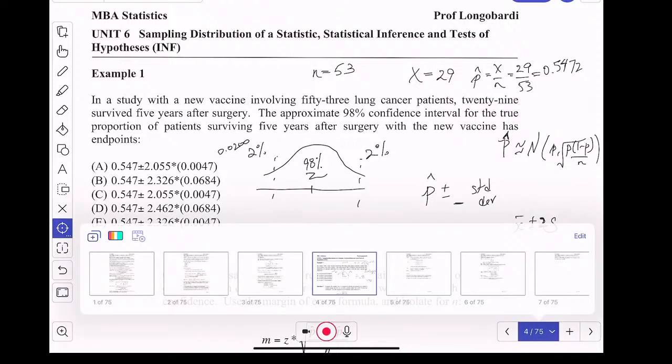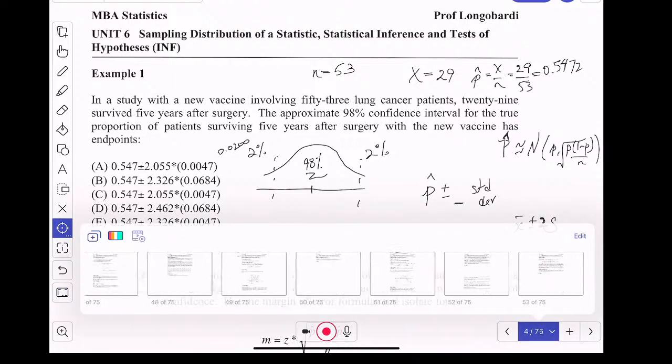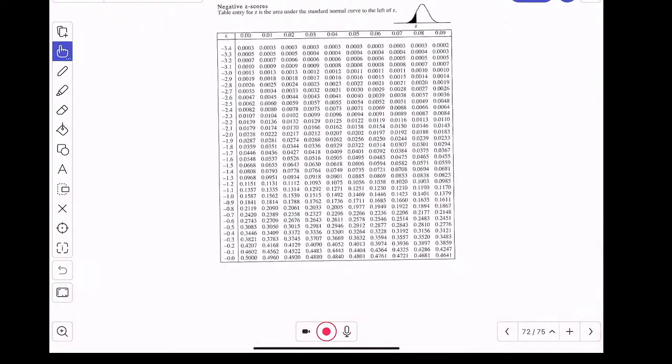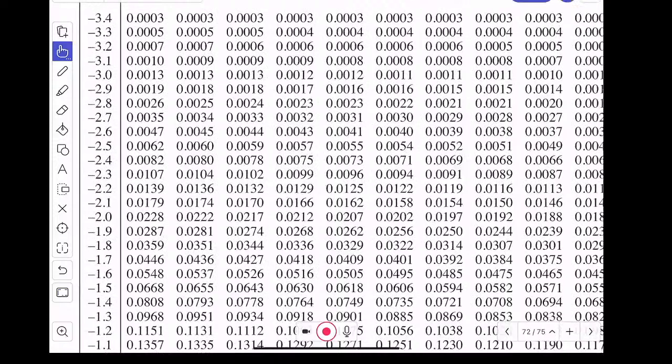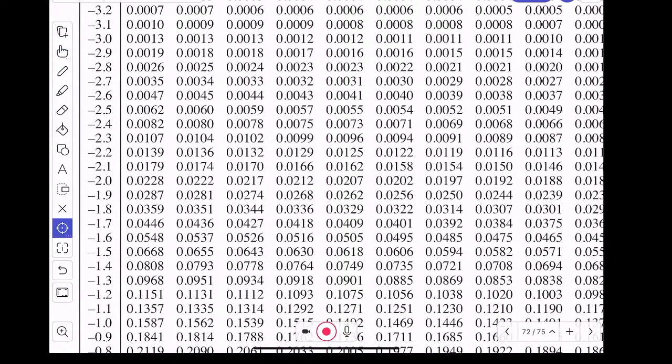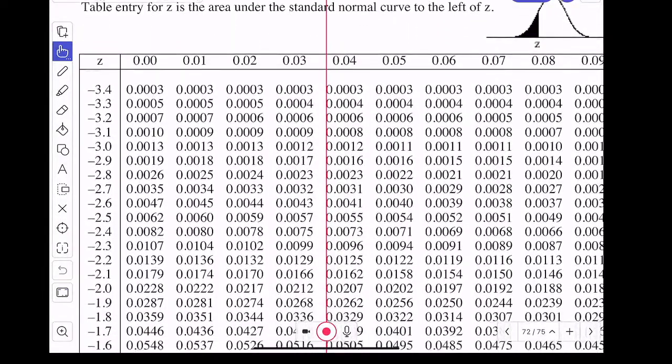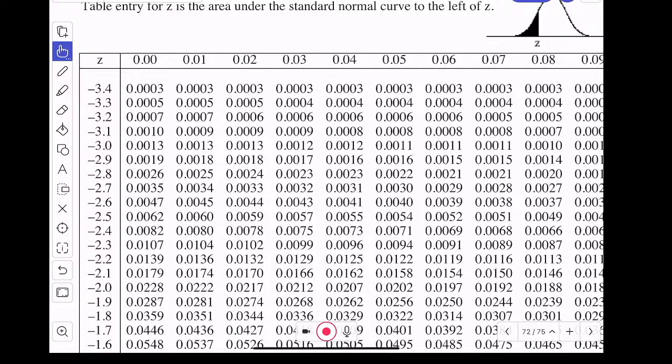So let's go to the tables. I'm looking inside the table for 2%, and the one that's closest is this one. So it's negative 2.05. Right? That's the closest to 2%. Negative 2.05.